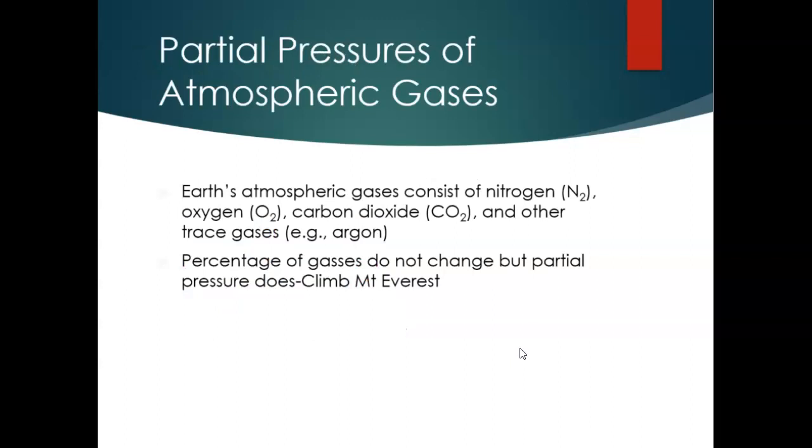Okay, so applying partial pressure to atmospheric gases, the Earth's atmospheric gases consist of nitrogen, oxygen, and carbon dioxide primarily, and then there are some trace gases like argon and radon that are also factored in there, but they make up less than 1%.